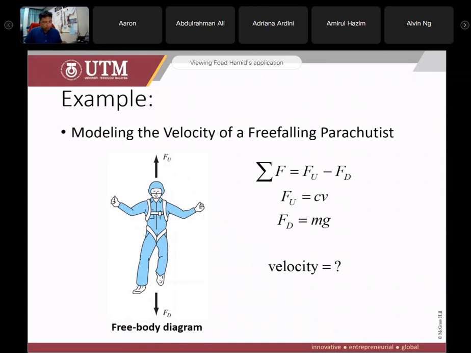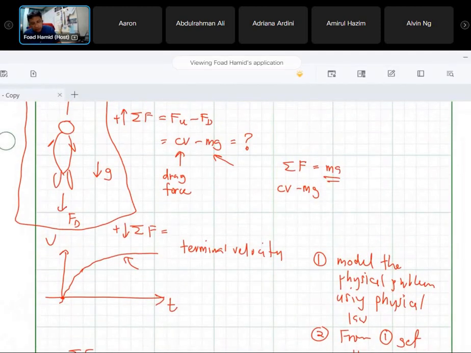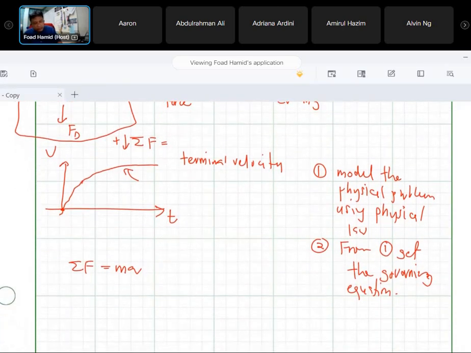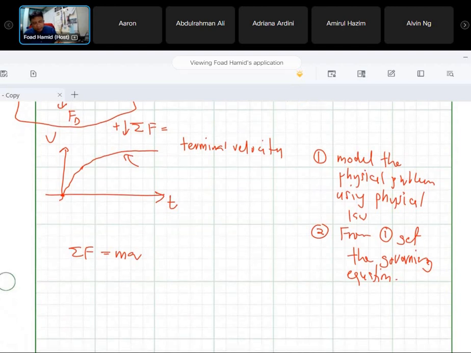Note that my g is going downward as positive, so I take summation of forces going downward as positive. Then what I have here is mg, which is downward, minus cv must equal ma.